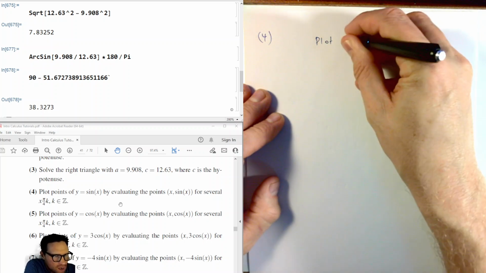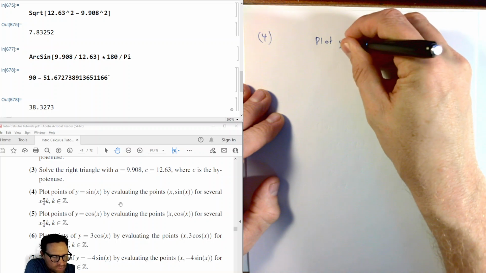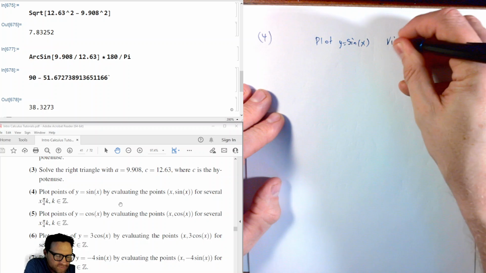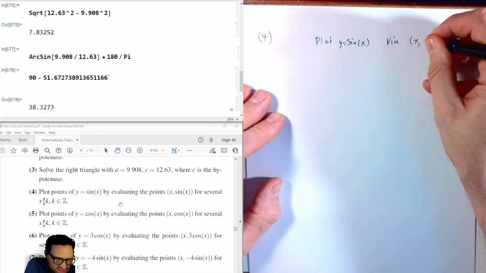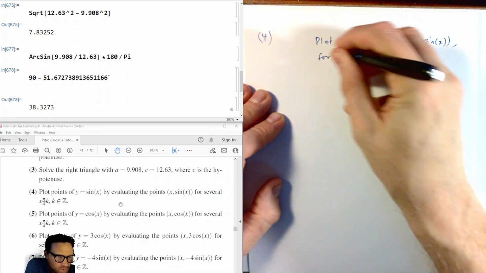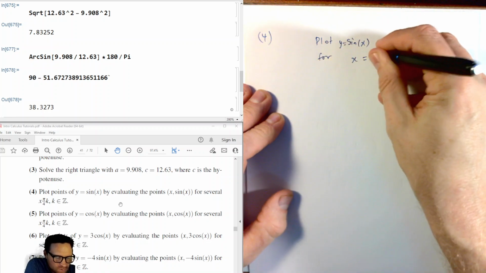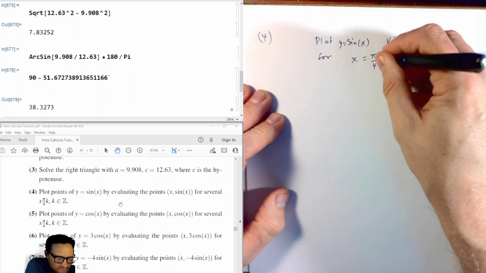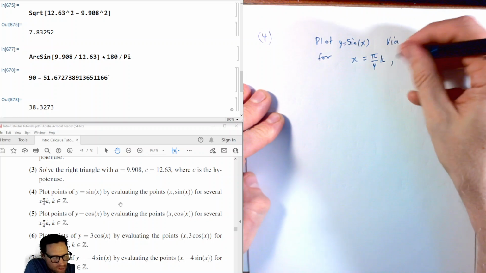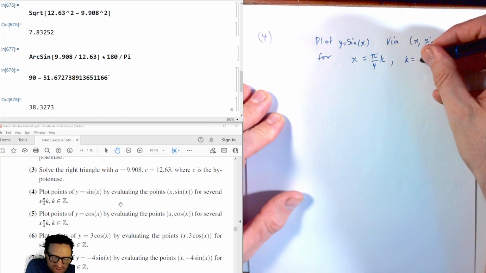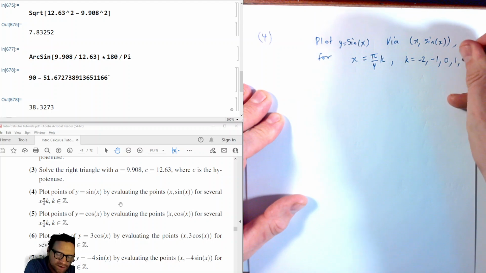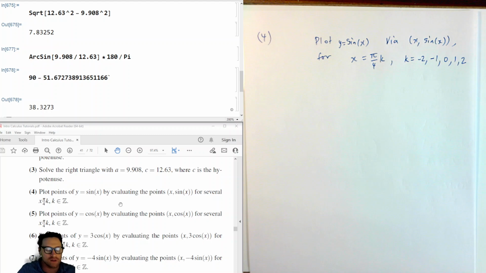We've got to plot y equals sine of x via points x comma sine of x for x equals pi on 4 k, and let's just take k equals, say, minus 2, minus 1, 0, 1, and 2, for example.